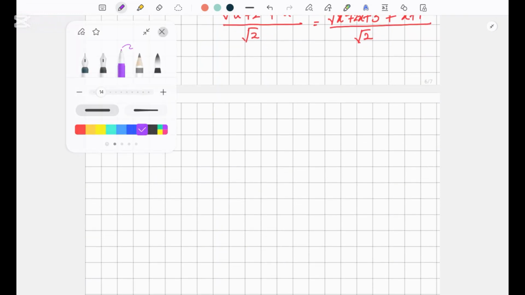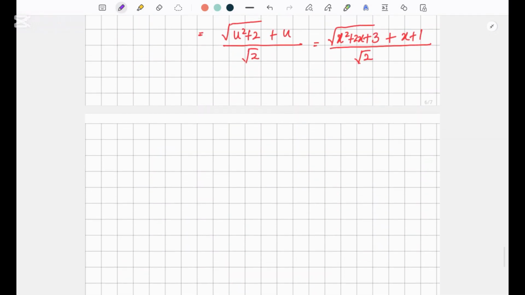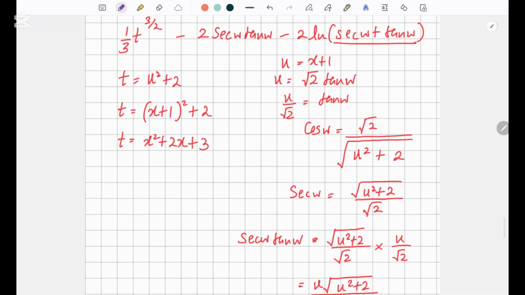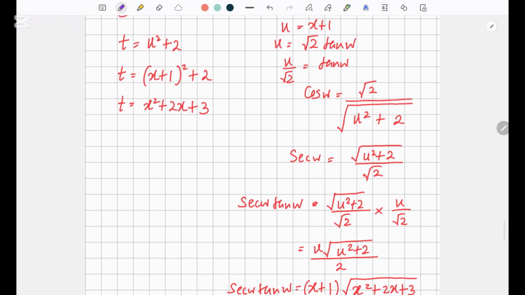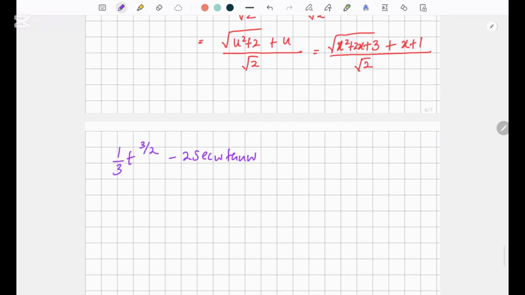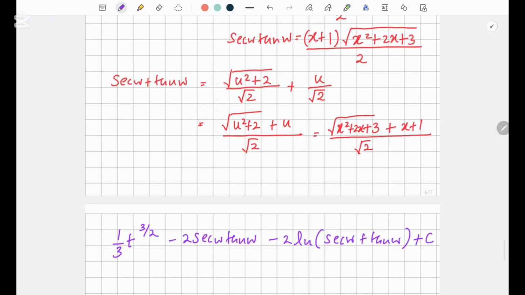Alright, I'll change the color for that. So we have, we'll just write the same thing again so that you guys won't get confused. This was the answer I got with the substitutions: minus 2 ln sec w plus tan w. Oh, by the way, don't forget your plus c, alright? So what was t? We had t equals x squared plus 2x plus 3.